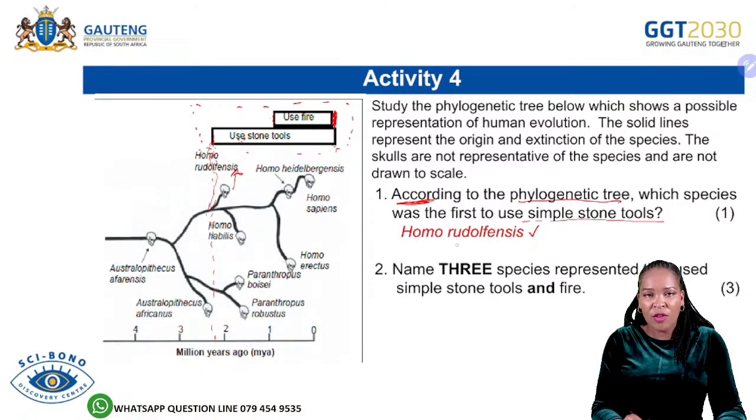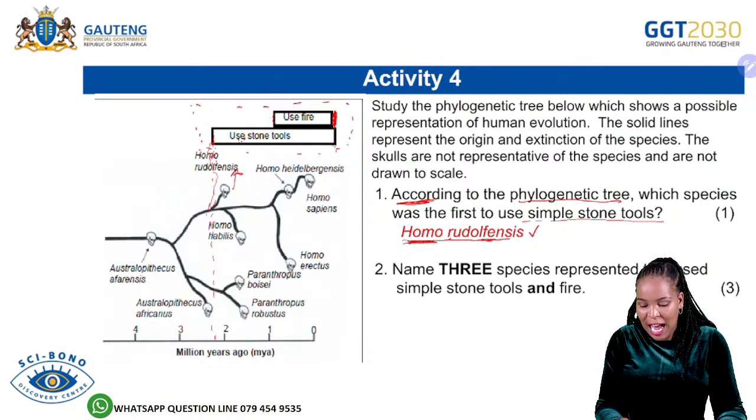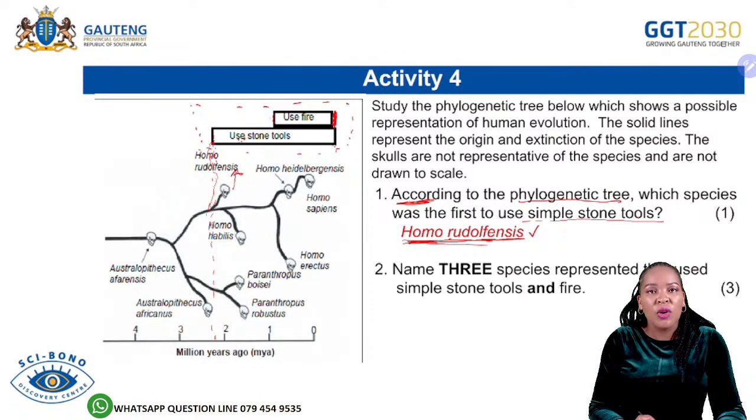Please remember, you must make sure that you are able to write your scientific name. How do you write your scientific name? This is your genus name. Your genus name will have a capital letter, and then your species name will have a small letter, and all of this should be underlined if you are using your own handwriting, because when you are using a computer, this will be italic.